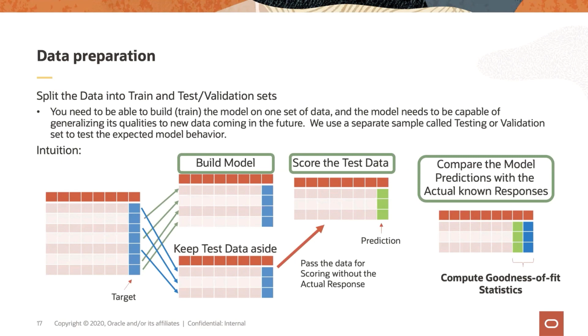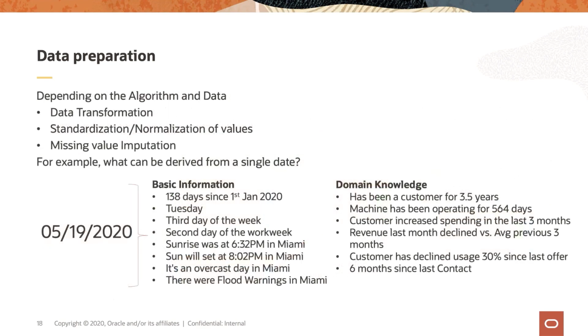So for data preparation, it is again the same slide that we saw for classification. In general, you want to look at missing values. You want to work on standardization and normalization of values. You want to do basic data transformation as well. And it is definitely important.